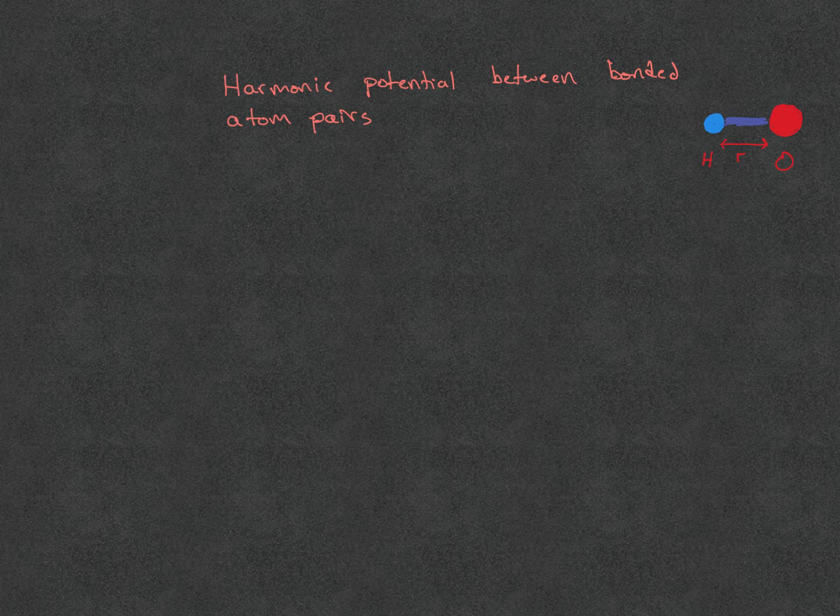So again, we can write down a form for this potential, right? A mathematical expression, which I'm going to call V of R, is equal to 1/2 K R squared.